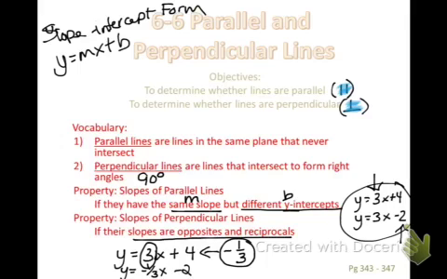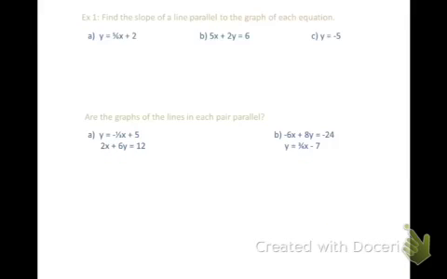Let's go over some of this. Find the slope of a line parallel to the graph of each. Again, you need to get y by itself, so we need it in the form y equals mx plus b. A, is y by itself?